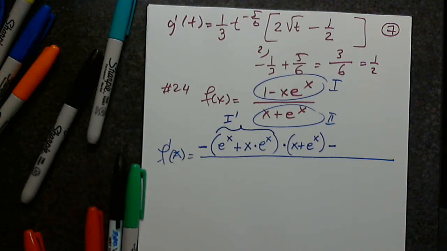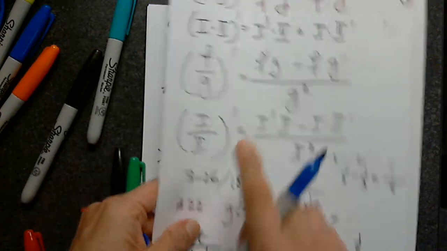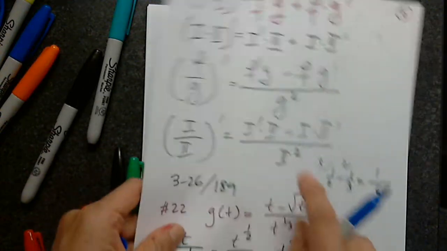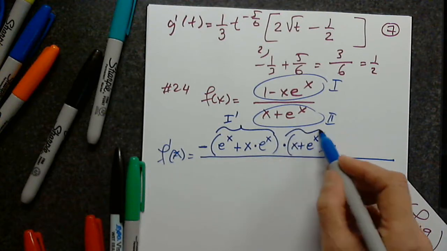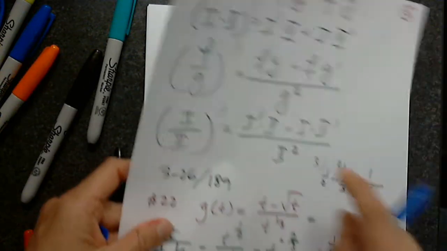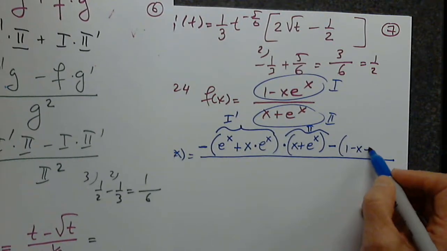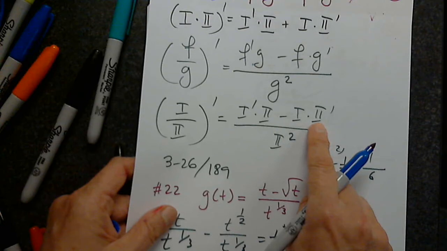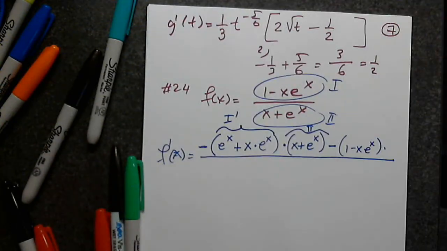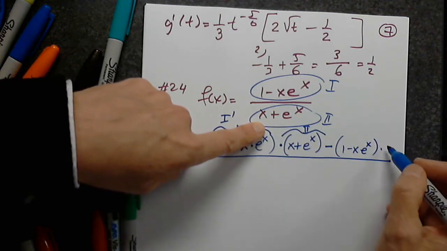So let's go back to the quotient rule. I differentiated the first function, which is this. Then I multiplied it by the second function, which is this. Then minus. I copy the first function, which is 1 minus x e to the x. But now I have to multiply by the bottom function prime. So what is the bottom function prime? This is not a product, so this is much easier.